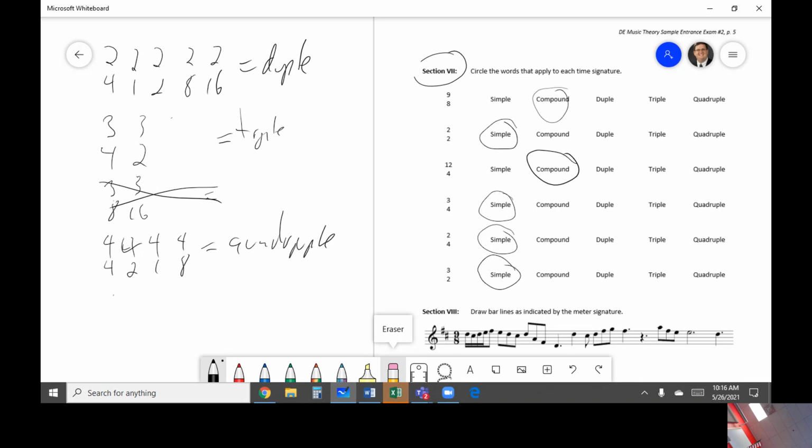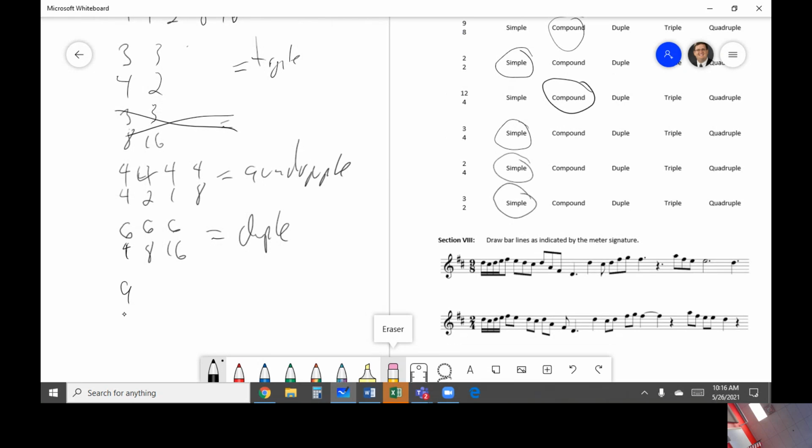Anything with a 6 on top, 6-4, 6-8, 6-16, duple. 9 on the top, probably even 9-2, but I doubt you're going to see that.